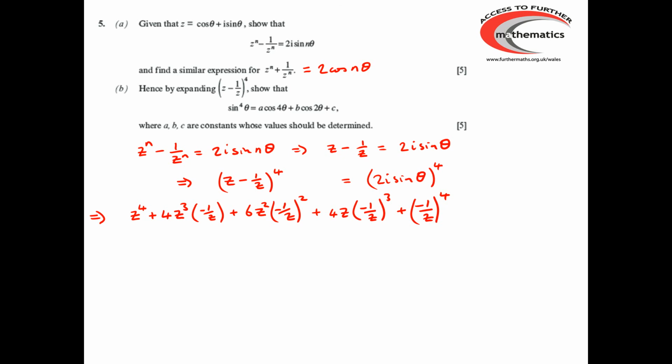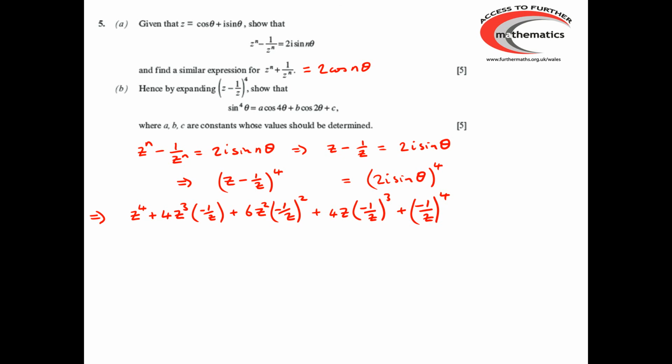Looking at the right hand side, we've got to raise 2i sine theta to the power 4. So that's 2 to the 4, which is 16, times i to the 4, which is 1, times sine theta to the power 4.